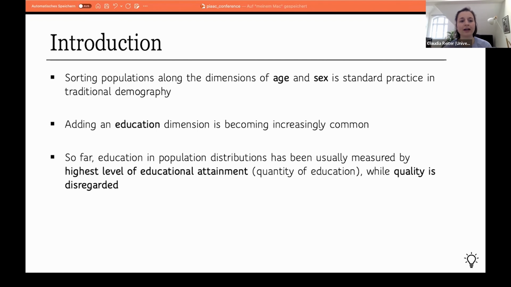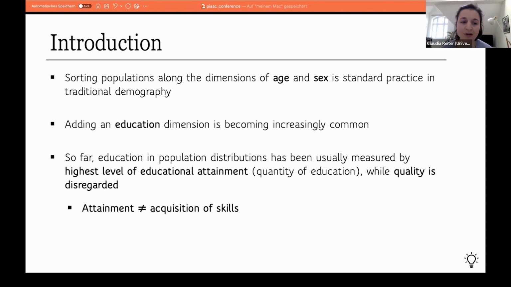But so far, education in population distributions has usually been measured by highest level of educational attainment, so really focusing on formal education, which I here classify as the quantity of education, as it is really looking at how many years people studied and what their formal degree is, while a quality element is completely disregarded. And I think this proves problematic for two main reasons.